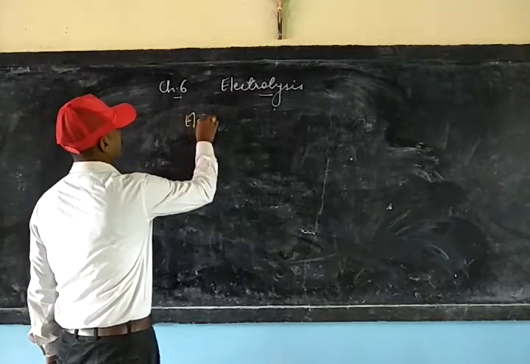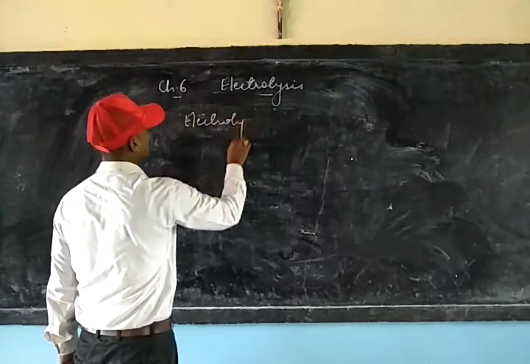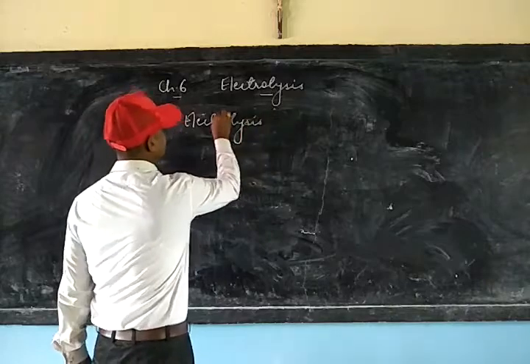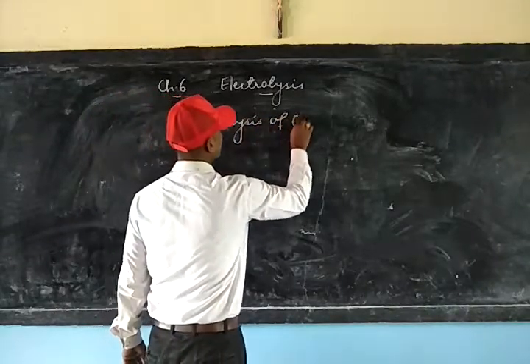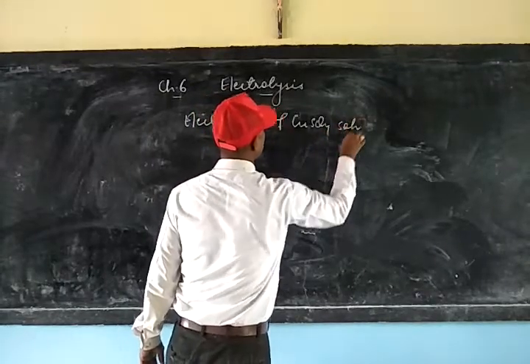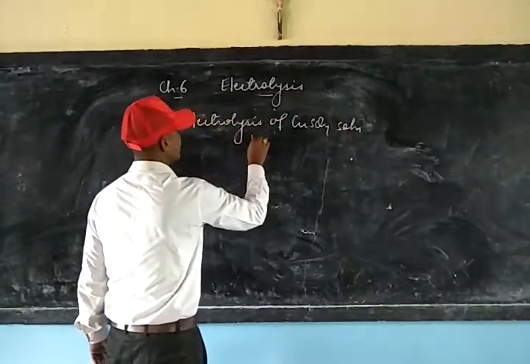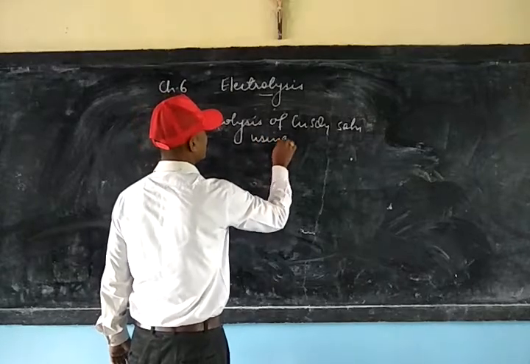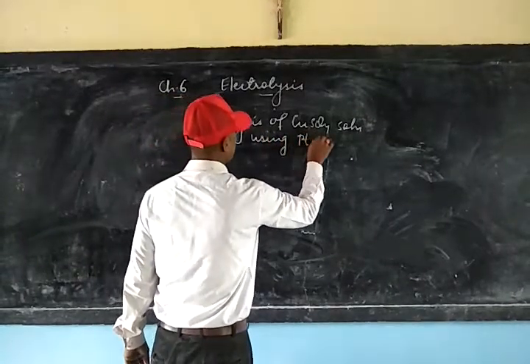We have the example of electrolysis of copper sulfate solution using platinum electrodes.